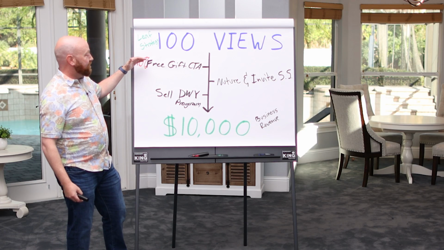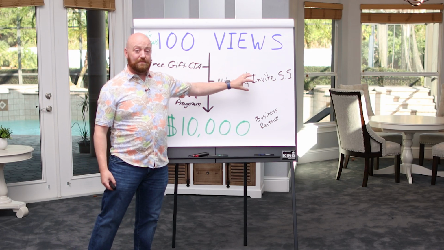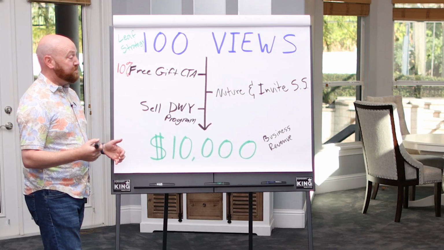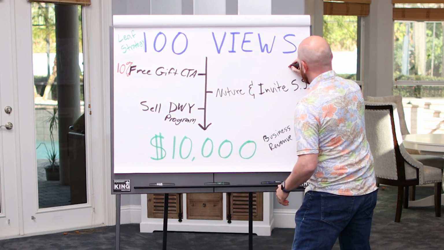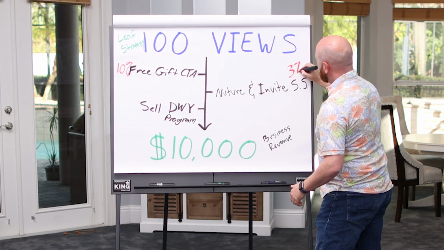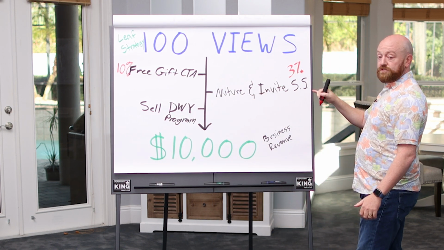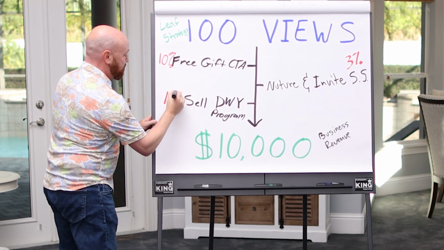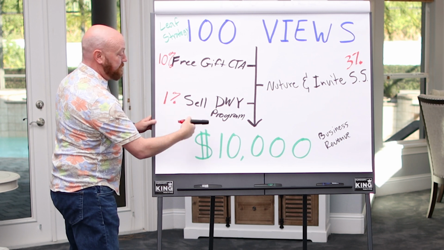So you give them a free gift, they become a lead. You nurture them, you invite them to a strategy session, you sell a program. So let me write some percentages here. Typically 3% will sign up for a strategy session, and then 1% will buy.